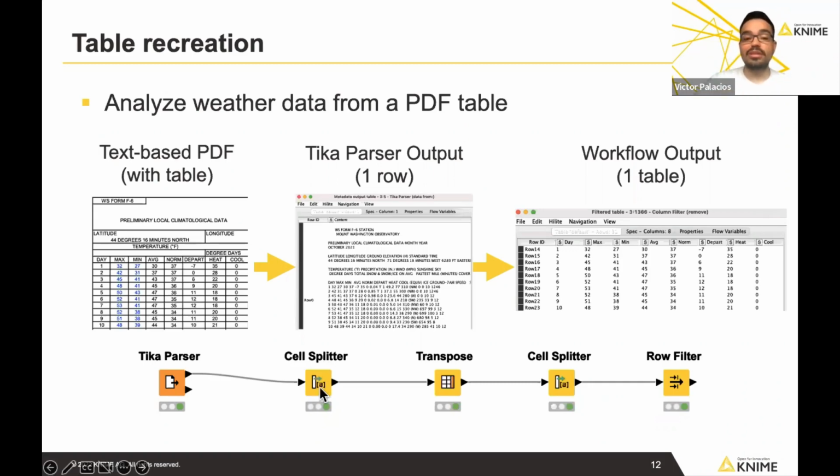Now, the cell splitter node takes advantage of the fact that the Tika Parser kept the formatting. So this is a case where I'm going to exploit the formatting. I can do a few more steps, and I can get 90% of the way here. So with just 5 nodes, I was able to get from an image or a table that was text-based into something that I can actually analyze.